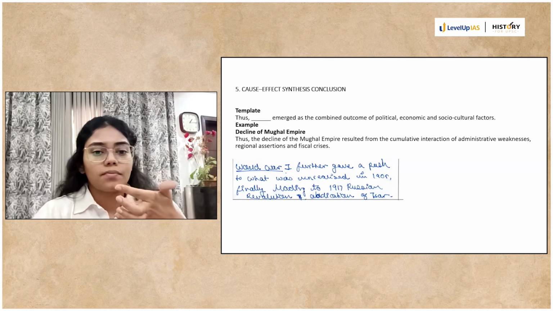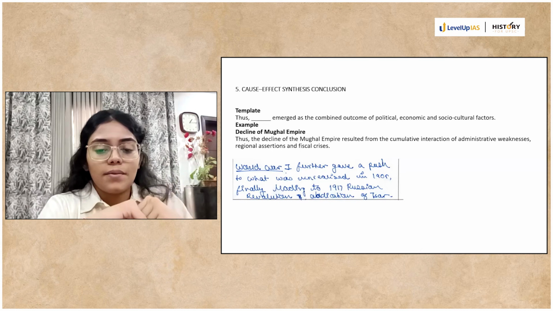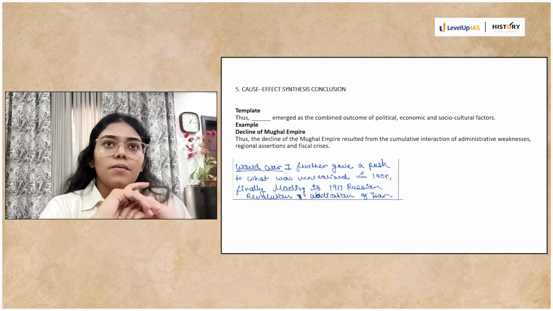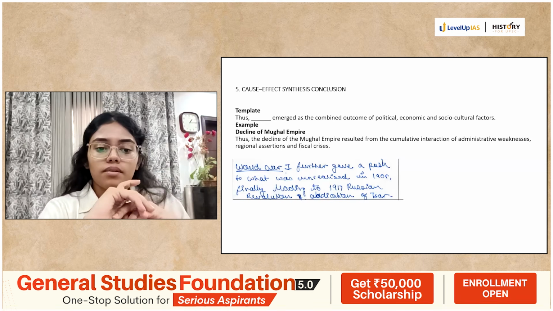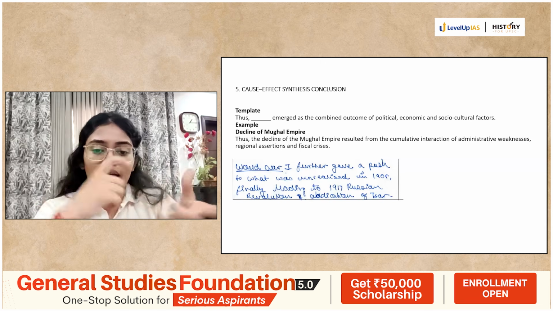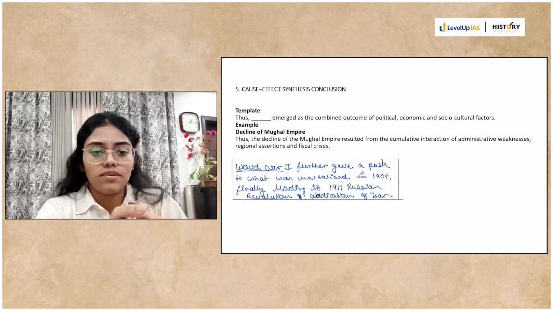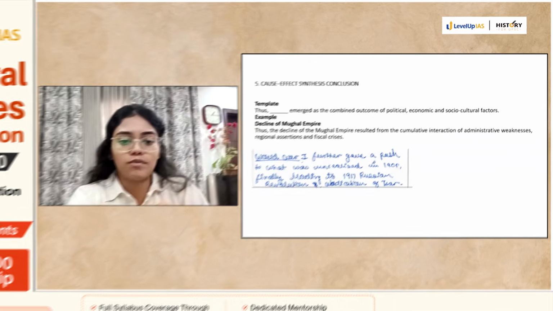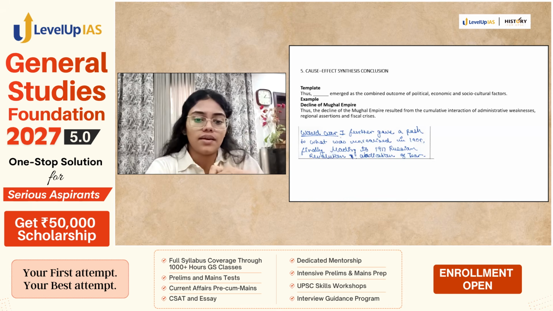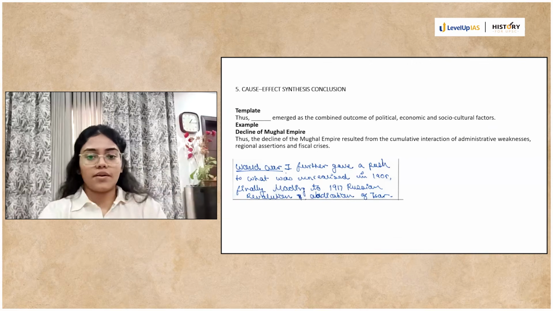Now, I have given an example. This question was asking me about the 1905 Russian uprising. The question is on 1905, but in conclusion, I will tell the effect of 1905: World War I further gave a push to what was unrealized in 1905, finally leading to the 1917 Russian Revolution and the abdication of the Tsar. If something is asking me about an earlier event, I'll tell its effect in the conclusion.